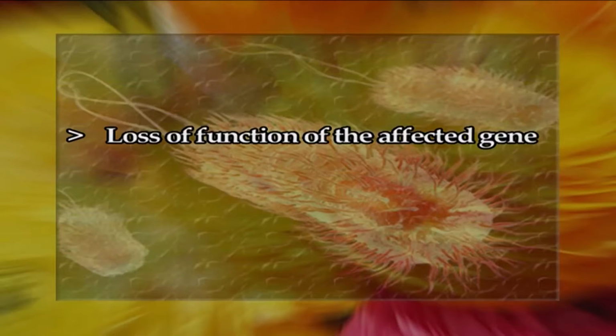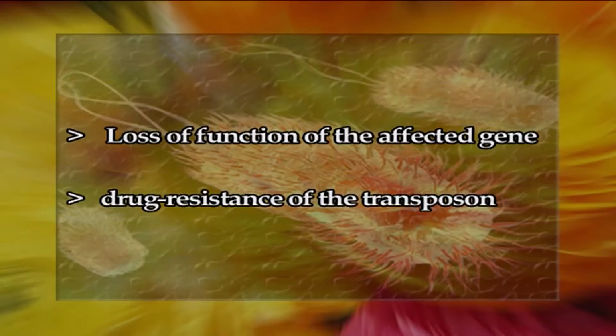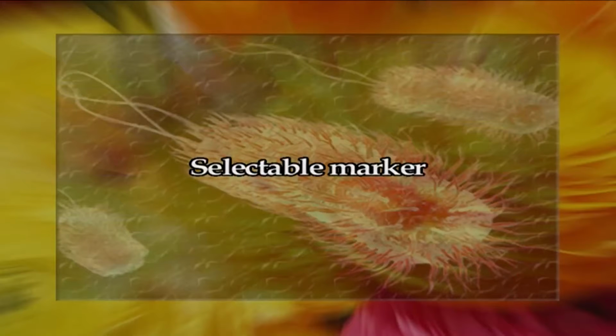A mutation caused by a transposon therefore has a distinct advantage since it has 2 phenotypes: the loss of function of the affected gene and the drug resistance of the transposon. The latter is selectable but brings the former along. It is also noteworthy that a transposon can be viewed as just a selectable marker, allowing linked but not transposon mutated genes to be moved.